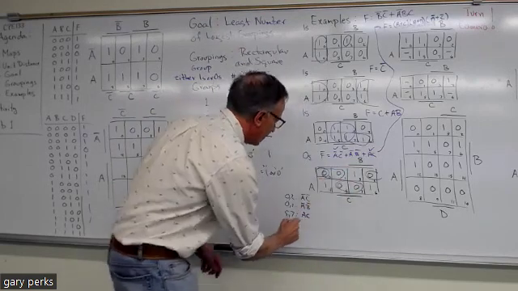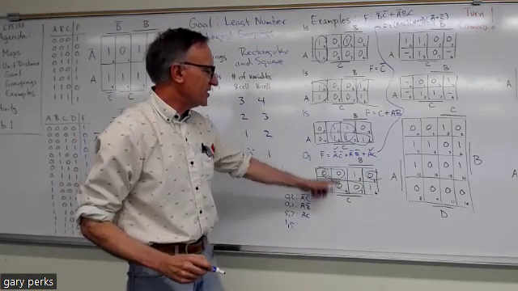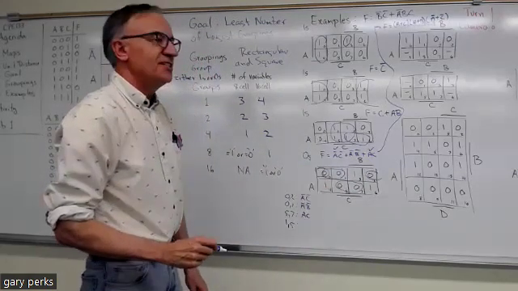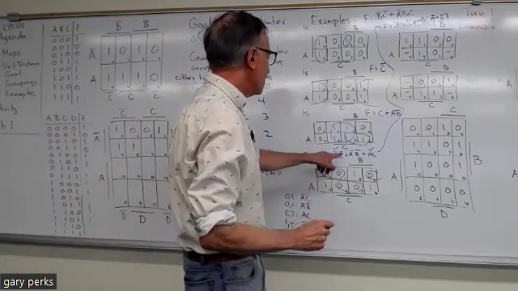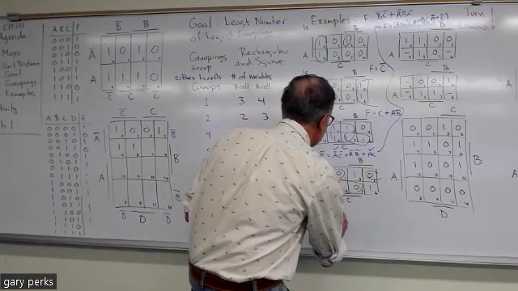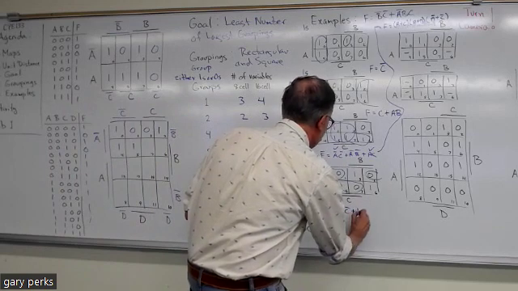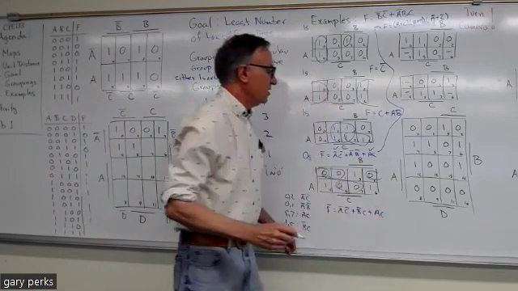But now if we group the 1 and the 5, what would the 1 and the 5 give us? Not BC. So, instead of this, we could also have not F equals not A, not C, or not BC, or AC.